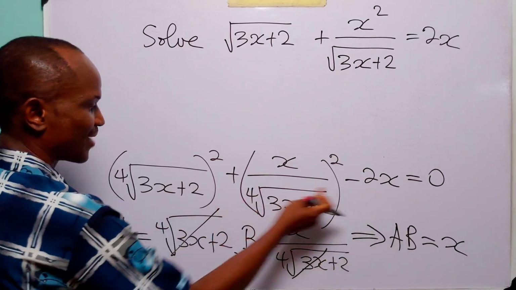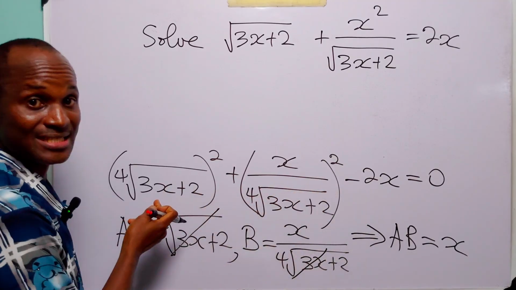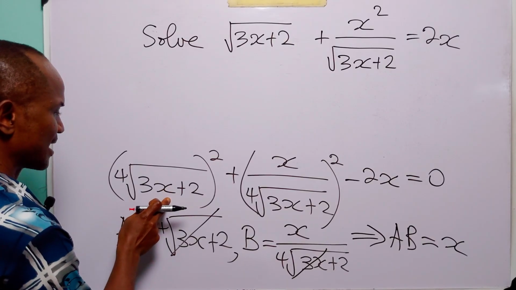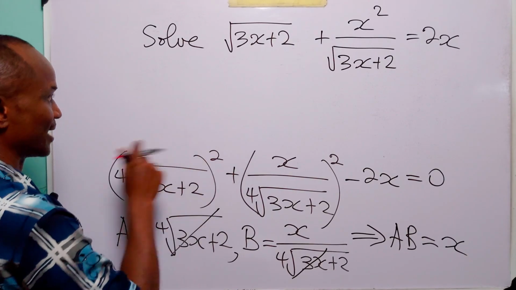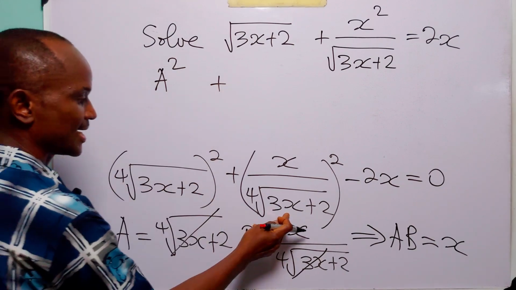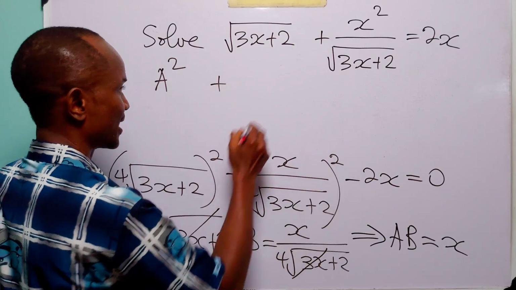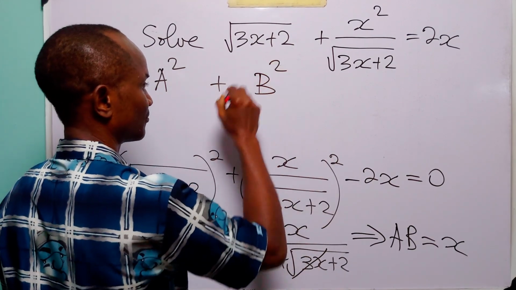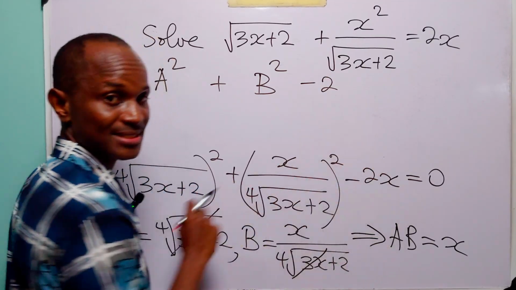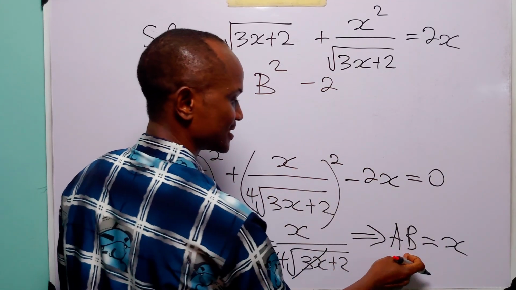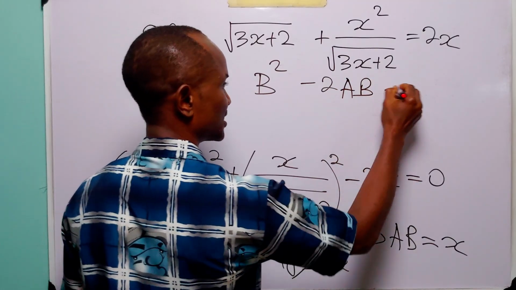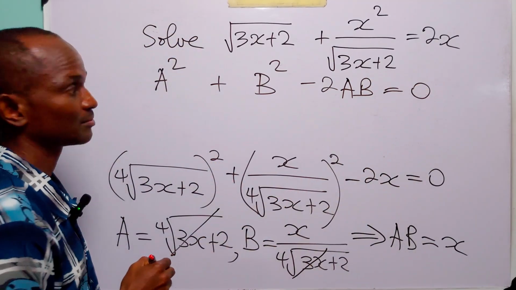Now, we can rewrite this left-hand side in terms of a and b, because we know that here we have a squared plus here we have b squared minus this is 2x, but we have that x is equal to ab and everything is equal to 0.